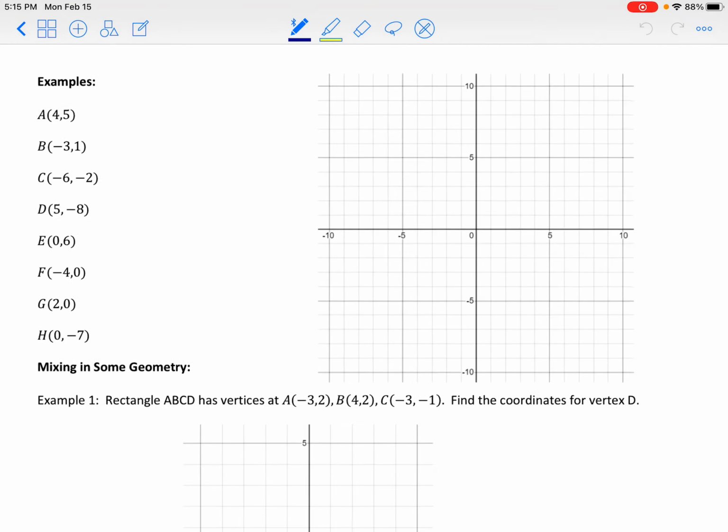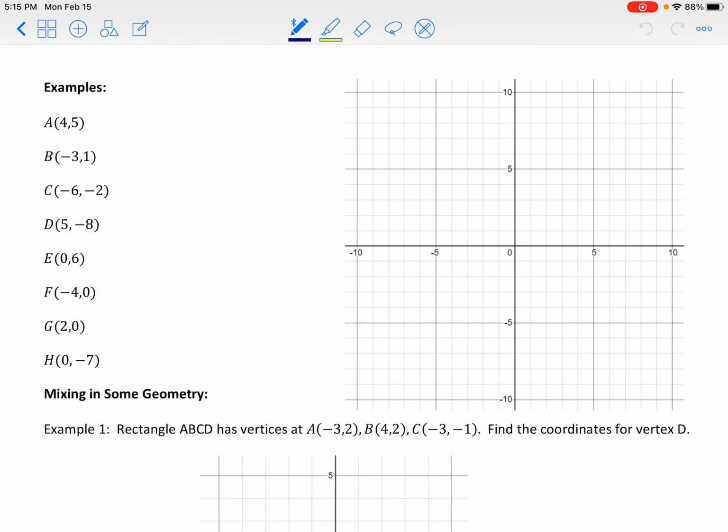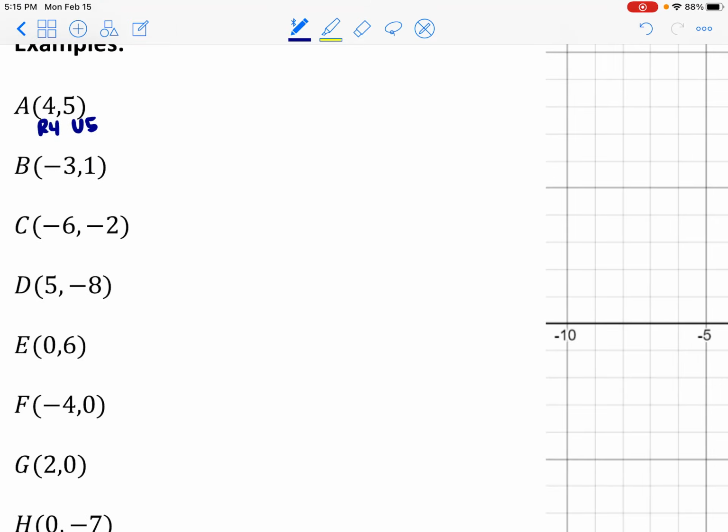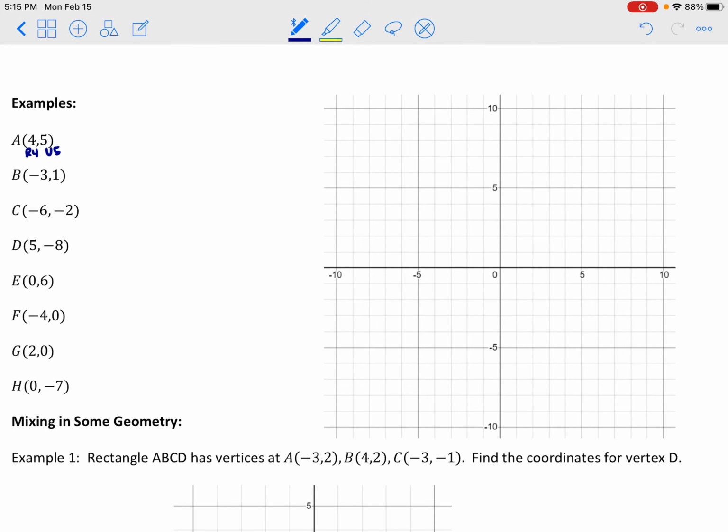Let's see. So for example, if I wanted to plot the ordered pair, or the coordinate 4, 5, starting at the origin, this positive x value tells me to go to the right 4, and this positive y value tells me to go up 5. So from the origin, if I went right 4 and up 5, I would land at 4, 5.